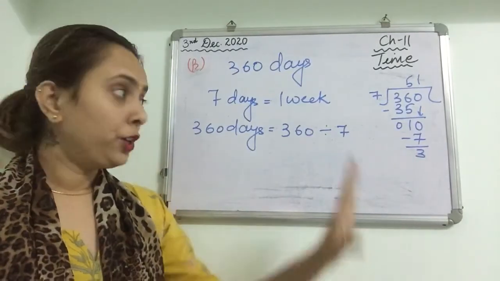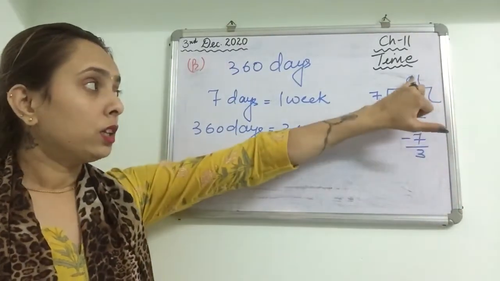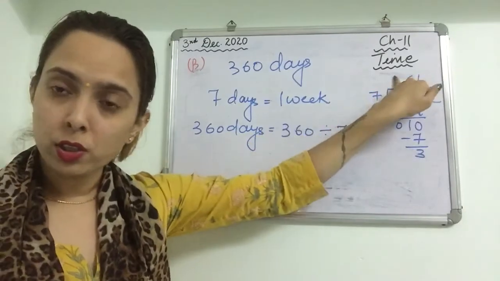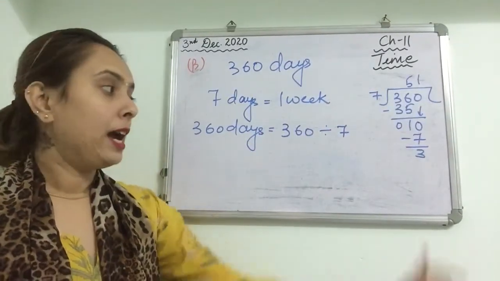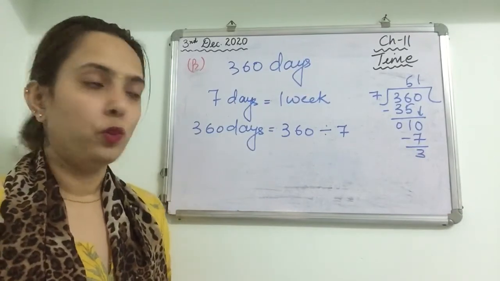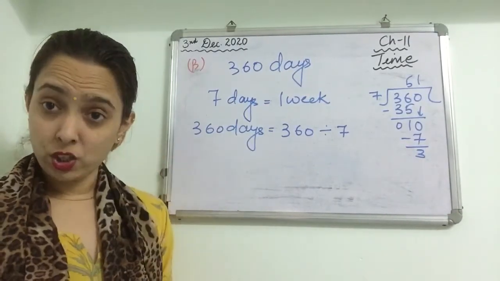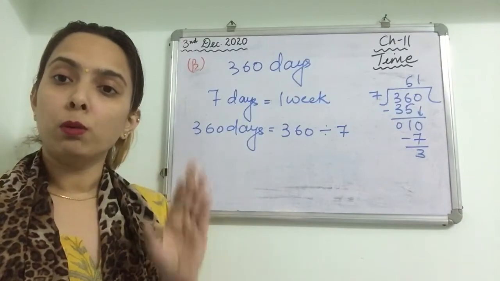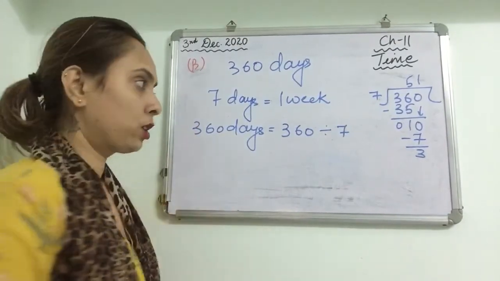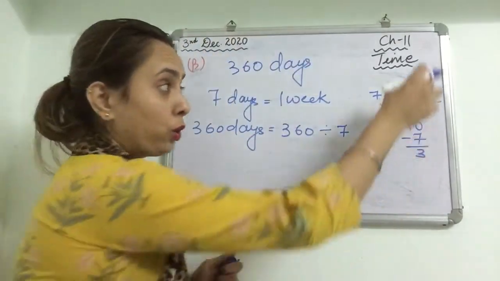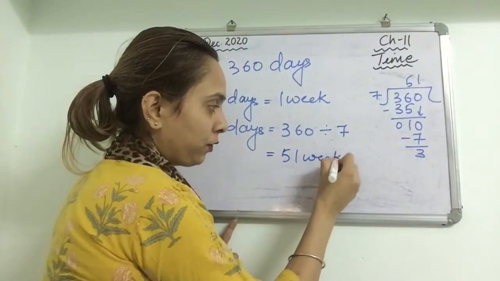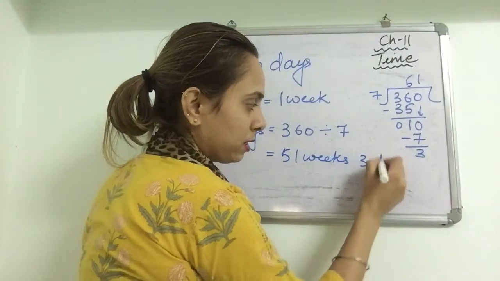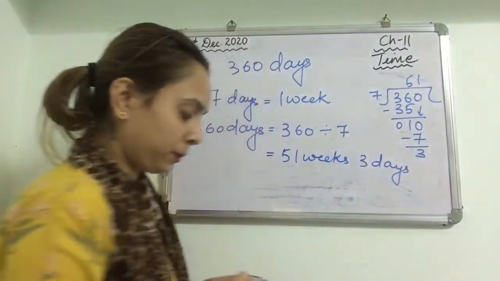So here your quotient will be your weeks and your remainder will be your days. As the question says that you have to convert in weeks and days. So our answer will be like this: 51 weeks and 3 days.